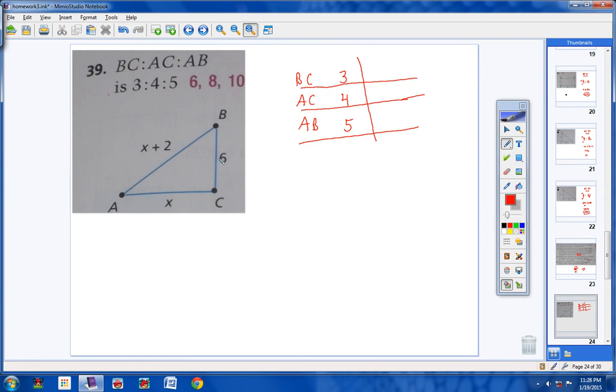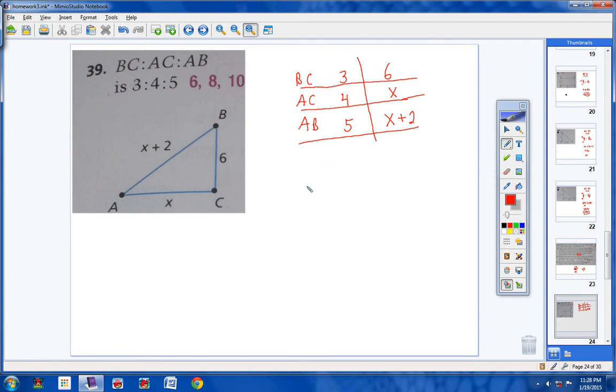Alright, now BC down here is 6. AC right here is X. And then AB is X plus 2. Now, students, I'm going to start with a ratio that I know.